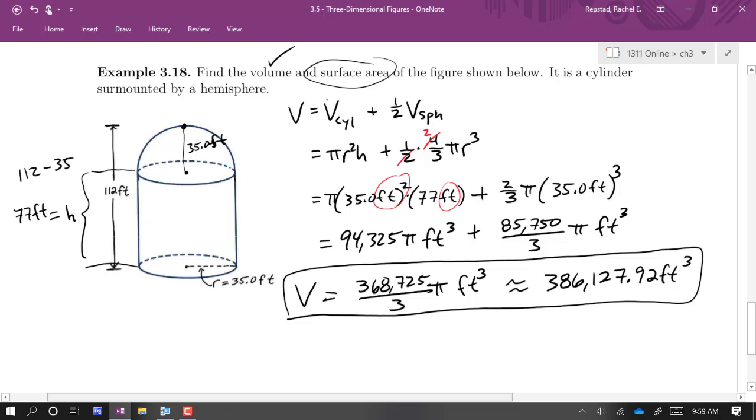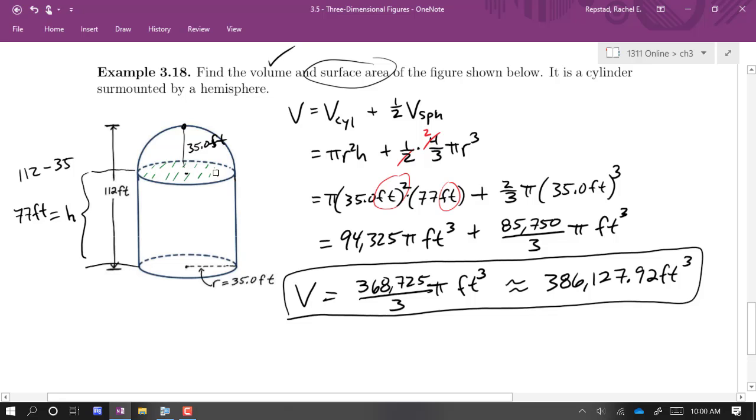Next, let's find the surface area. So for this surface area, we have to think about what's the surface of this figure. If it were just the cylinder alone, we'd have the bottom circle base and the top circle as part of the area. But this top circle right here, that I'm highlighting in green, is not on the surface anymore because there's a hemisphere on top of it.